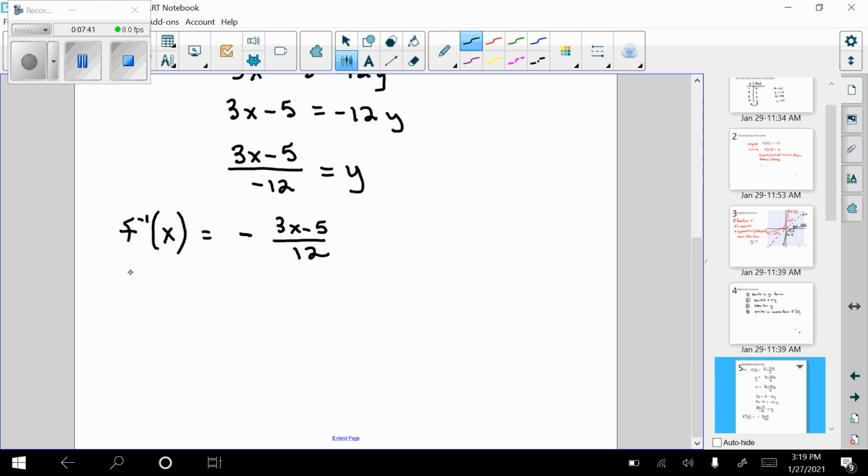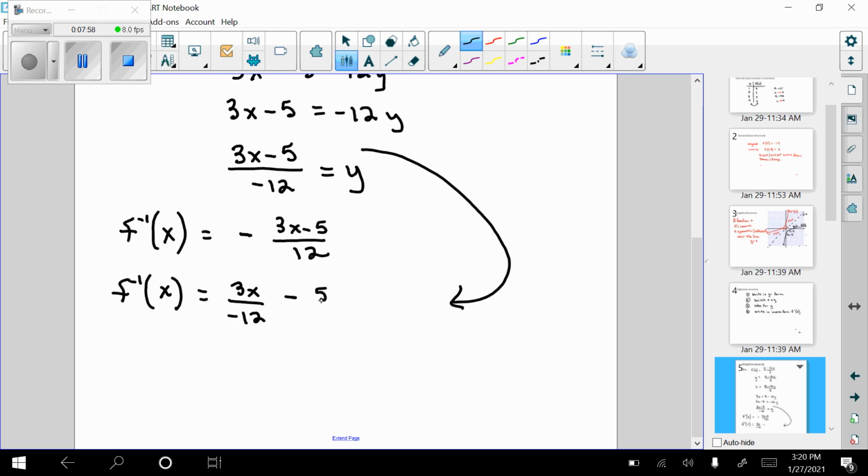Or you can actually simplify and separate that denominator. So if I go back up here, I would have 3x over negative 12 minus 5 over negative 12. So f inverse of x would equal negative x over 4 plus 5/12.